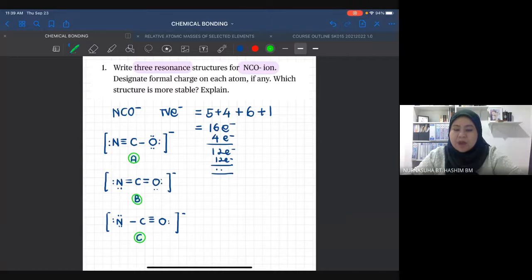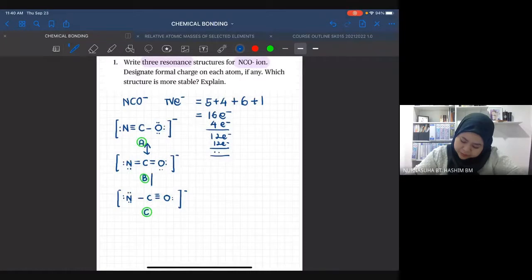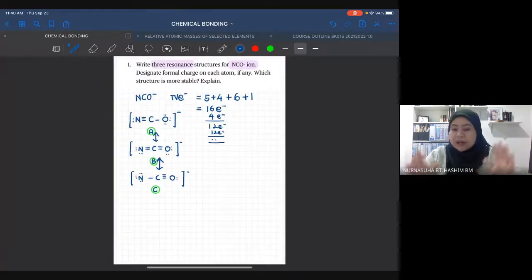Kenapa? Sebab awak ubah kedudukan double bond, triple bond and single bond. Okay. So kita wakilkan, sorry. Don't forget the arrow. Okay, tapi actually tak boleh macam ni, kena buat horizontal.